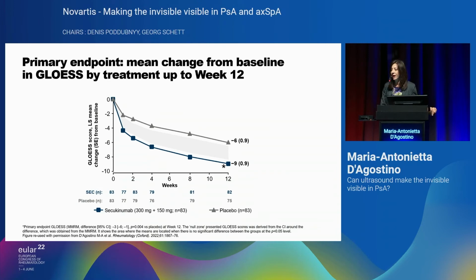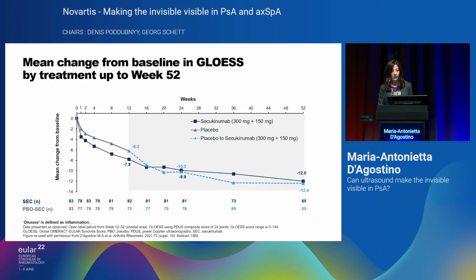You can see here our primary response. The primary endpoint was met, and we were able to demonstrate objectively the response to secukinumab, with differentiation between placebo and secukinumab starting from the first week. And you see nicely that ultrasound scores decreased over time until week 12.